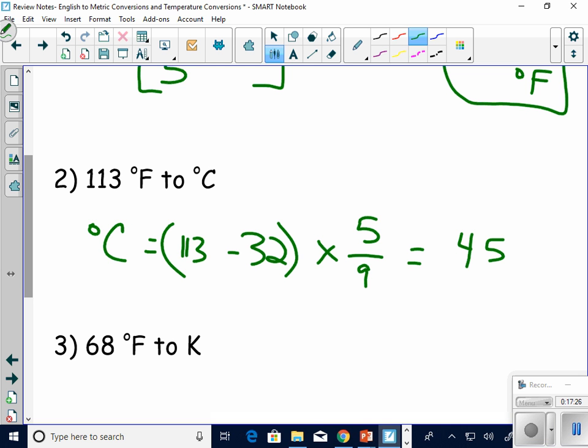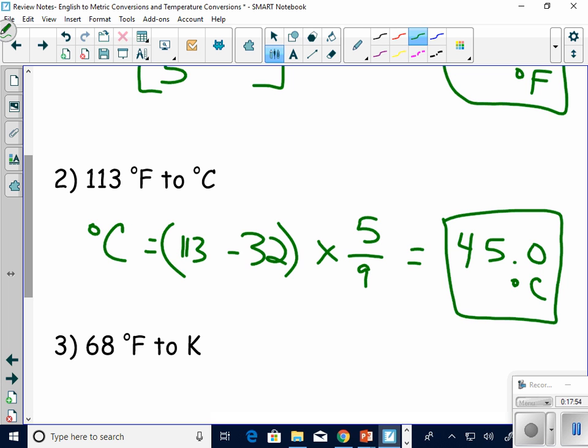Once again, do I have the correct number of sig figs that I need? I only have 2. I needed 3. So when I convert that, 45.0 degrees Celsius.